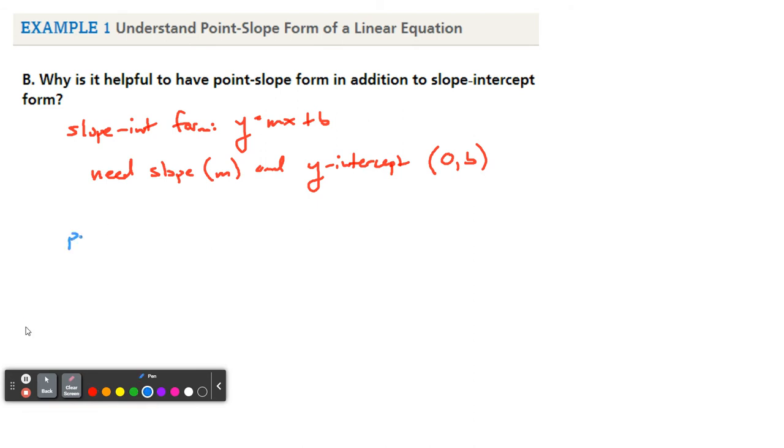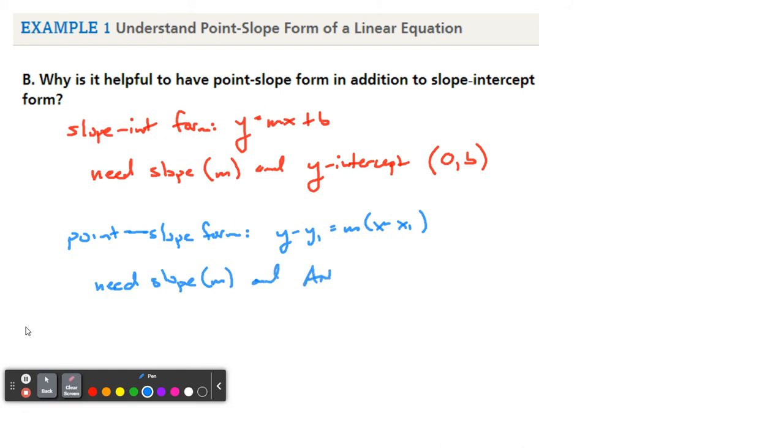But for the point-slope form, which is y minus y1 equals m parentheses x minus x1, you still need the slope, which is m, and any point.